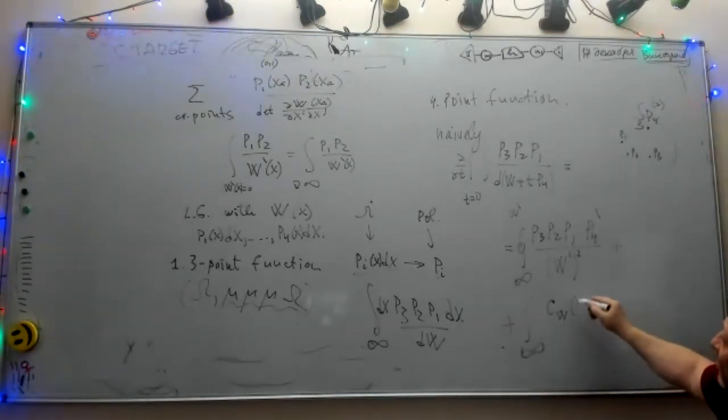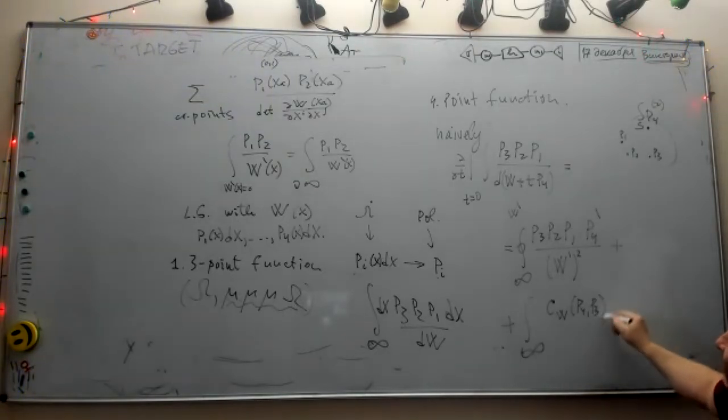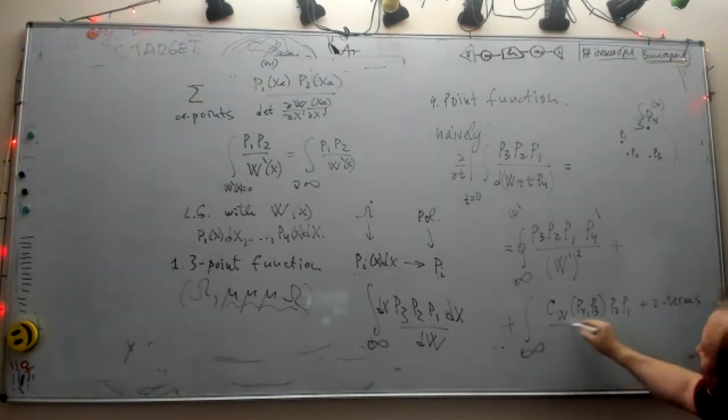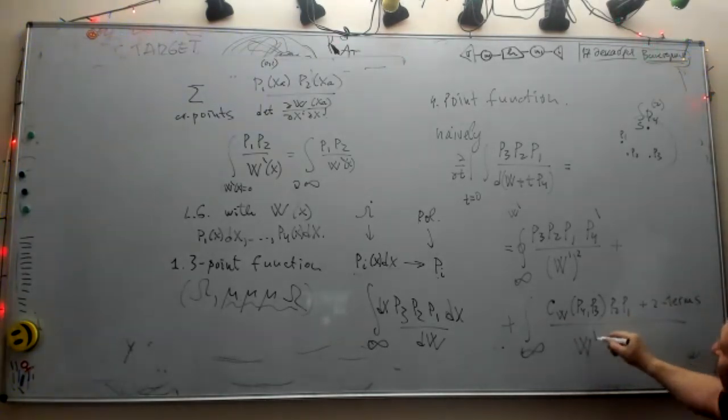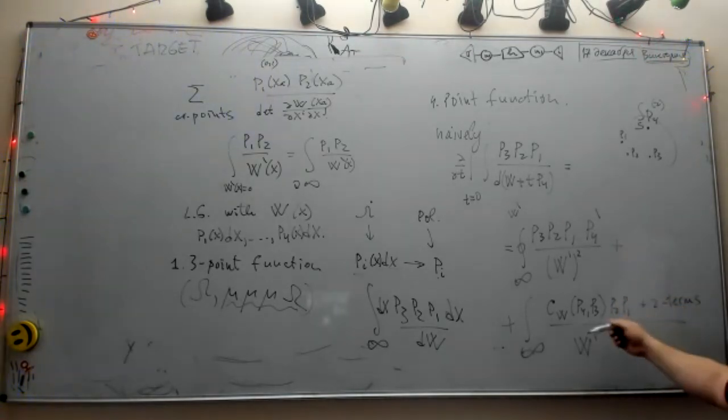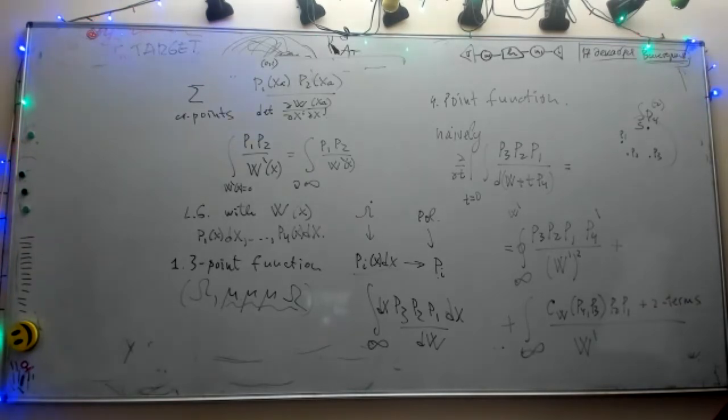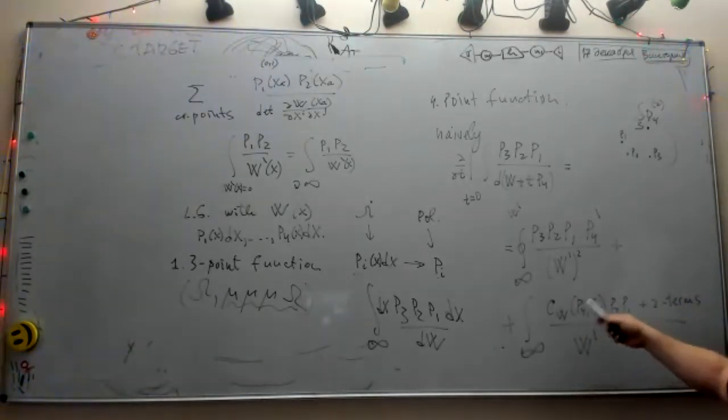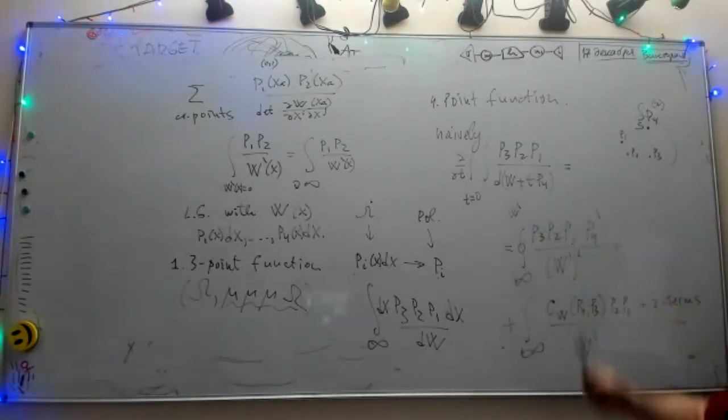So C_W of P4, P3, P2, P1, plus 2 more terms, and I have to divide it by W prime. So this should be the correct formula. Now I am wise and I understand that when W is changing, the P's are also changing.